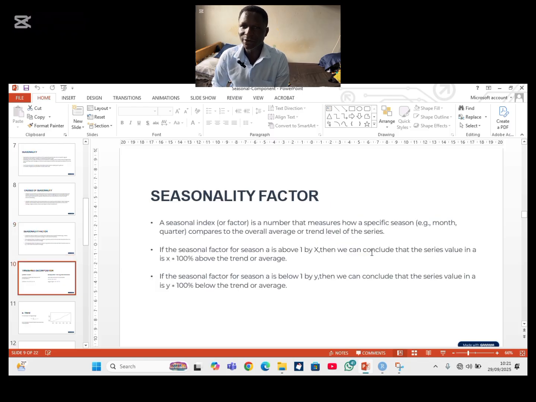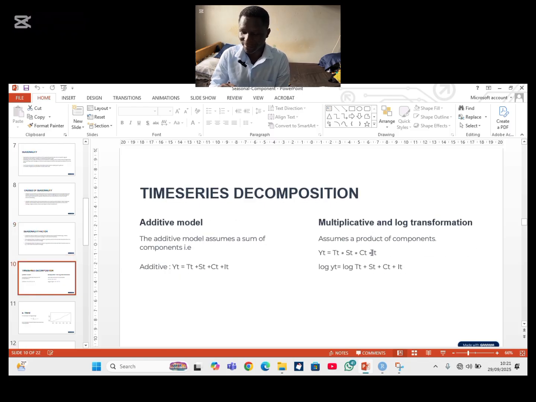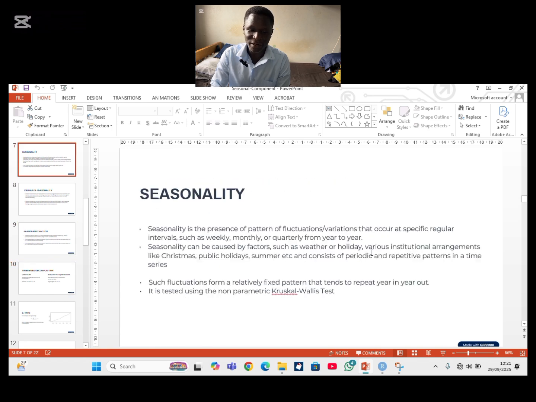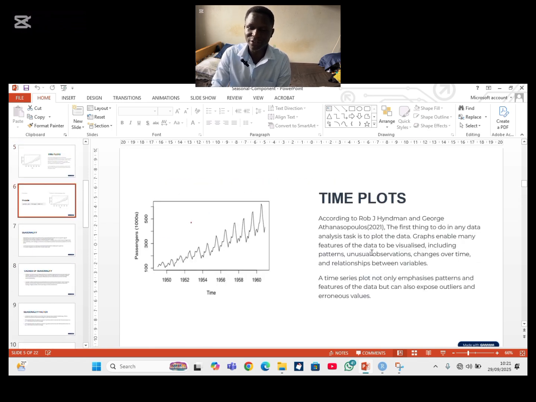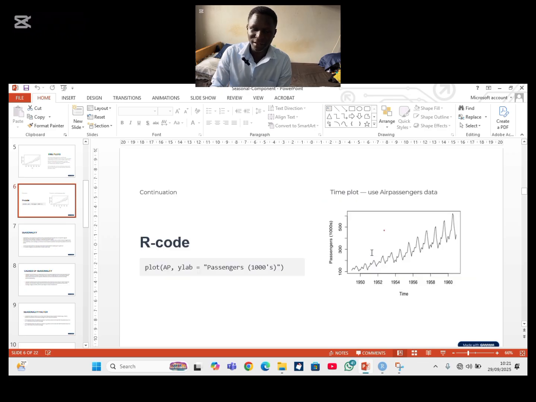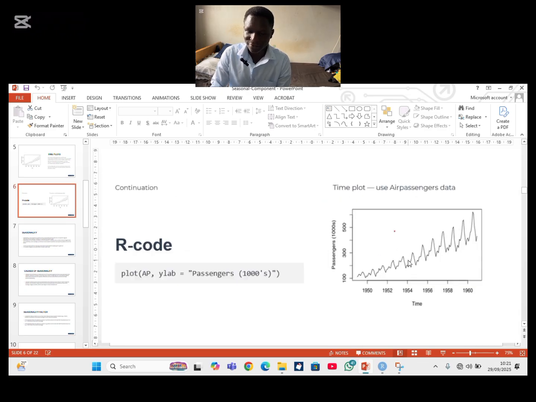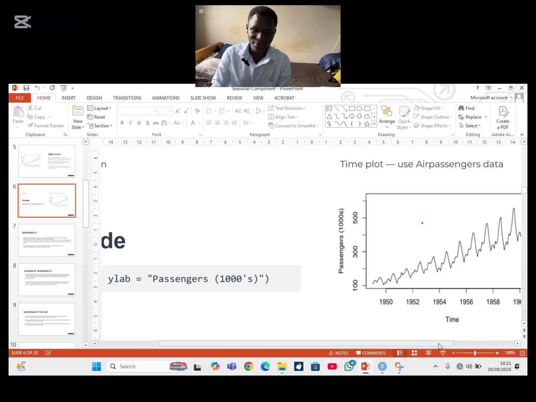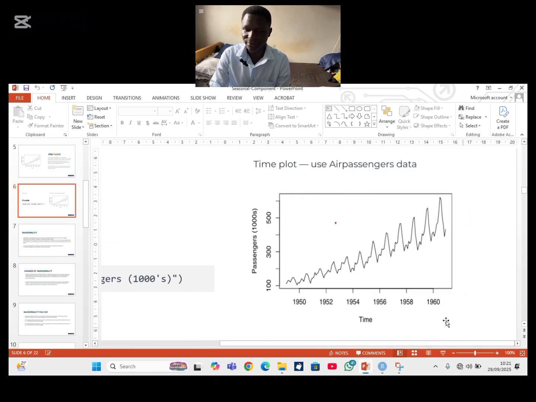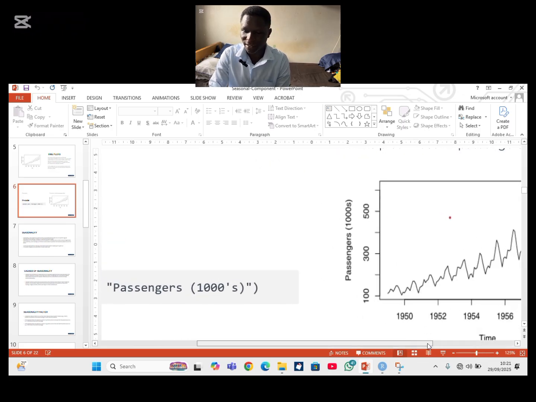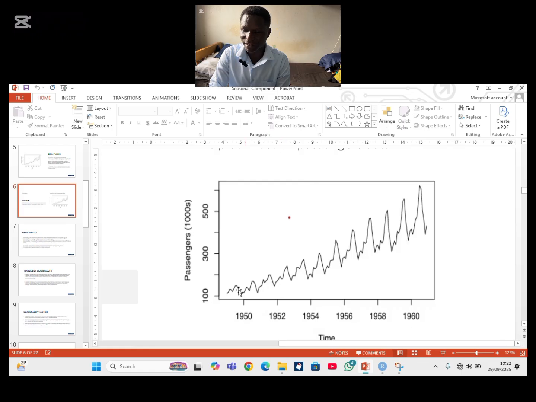The other question we need to answer is, when do you choose an additive and when do you choose a multiplicative? First of all, you need to look at your graph, your time plot, right? For instance, let us look at this time plot we have here. One thing you will notice is that literally its trend is increasing at a certain proportion. There is some kind of proportion that is being added on the previous values.